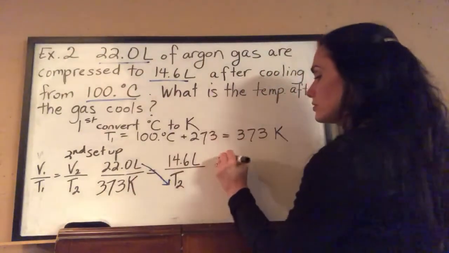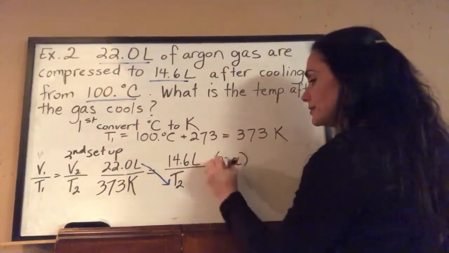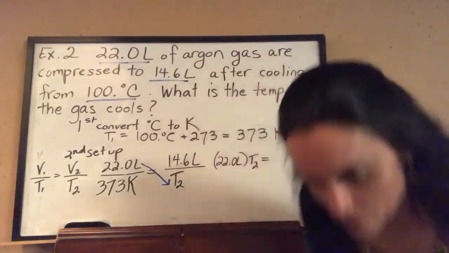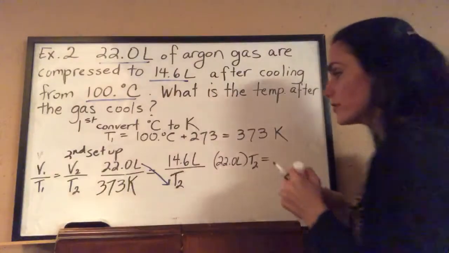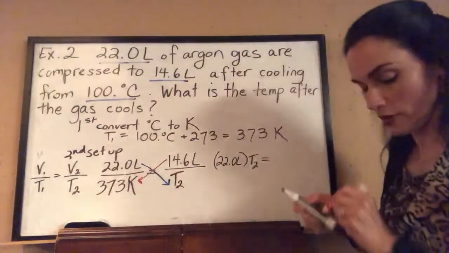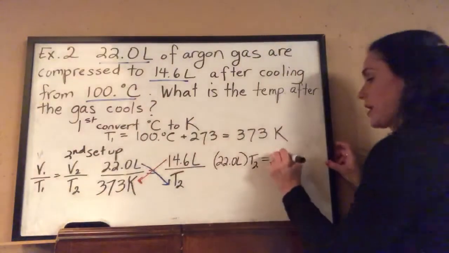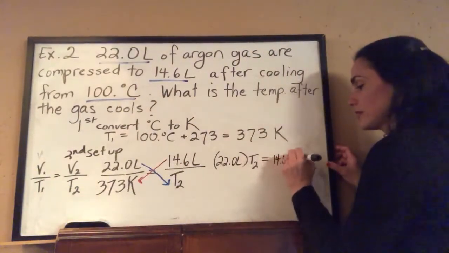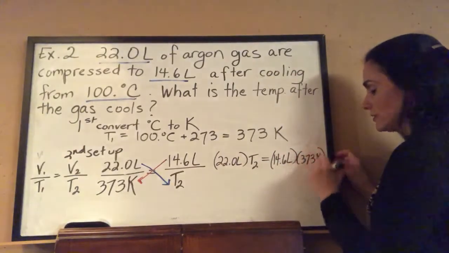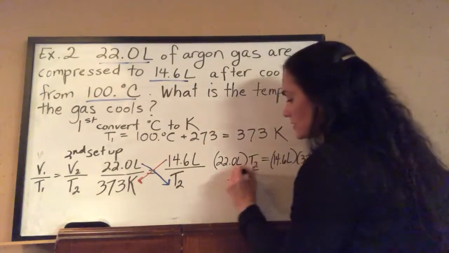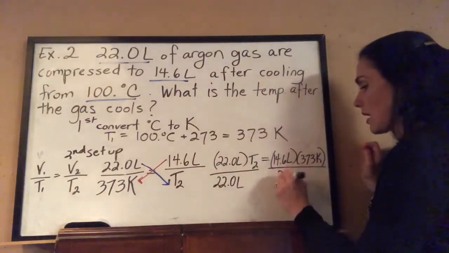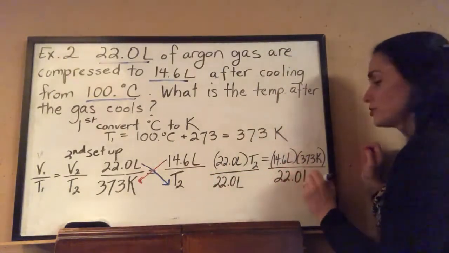Okay, so 22 liters times T2 equals the product of the other numerator times the other denominator. 14.6 liters times 373 Kelvin. Okay. Now we need to divide both sides of the equation by 22 liters.